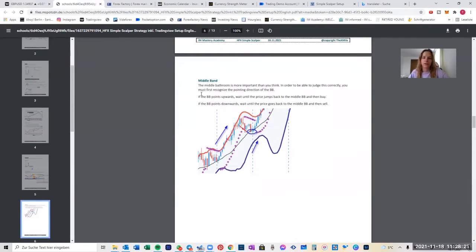Like here, if the Bollinger Band points upwards, you see here, it's like the head of a snake. When the snake head is pointing upwards, the price jumps most of the time back, because the price will always want to go back to the middle line, and then often you have a rejection because it's going up.